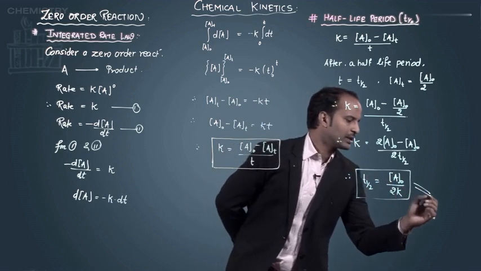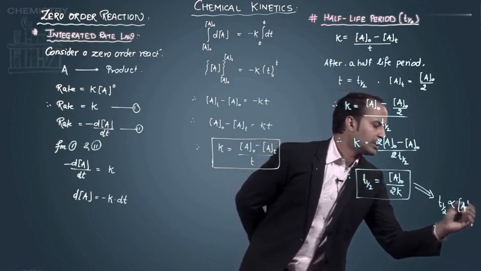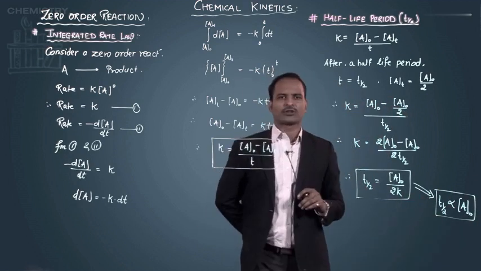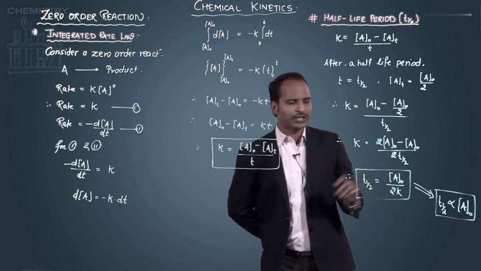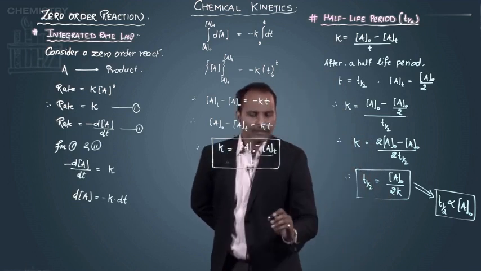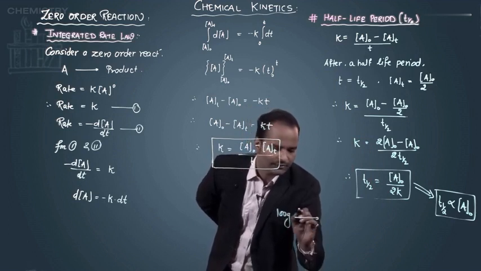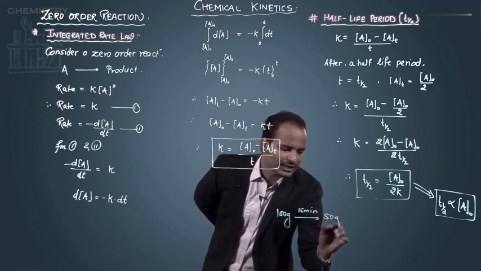From this formula, I can say that T half is directly proportional to the initial concentration of reactant. Again, an important point: for a zero order reaction, the half-life period depends on the initial concentration. Suppose I take 100 grams of reactant, and its half-life is 15 minutes, so it reduces to 50 gram.